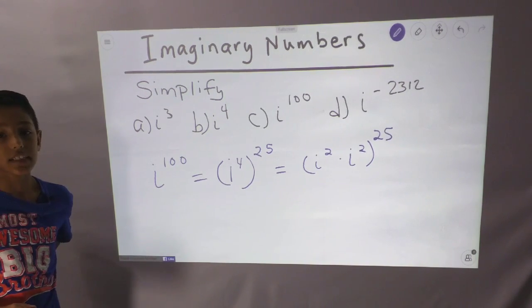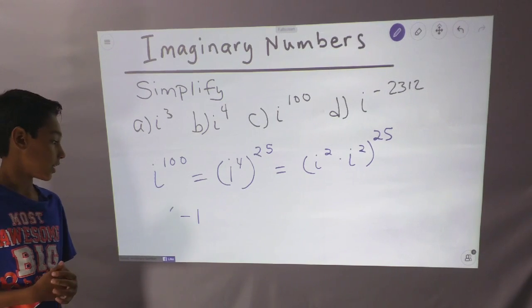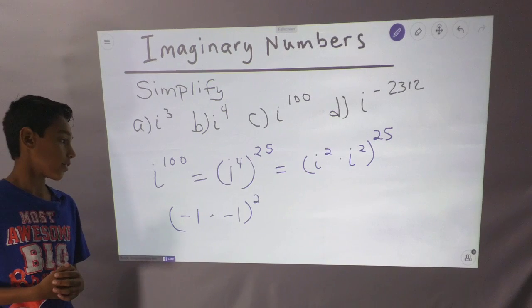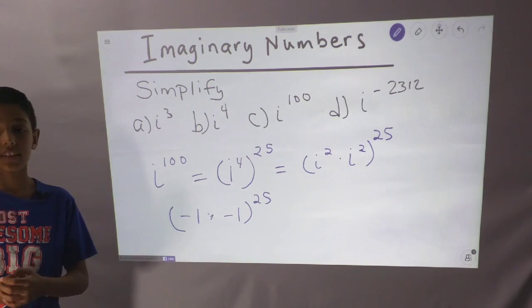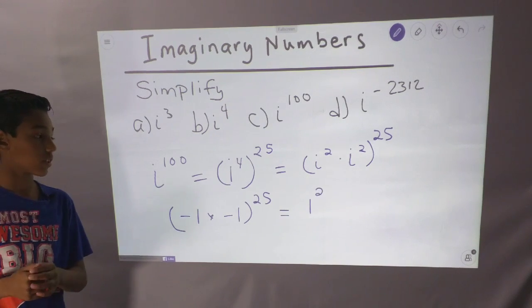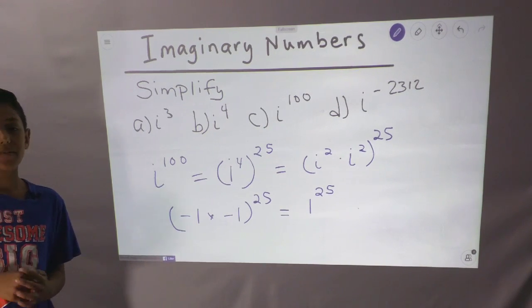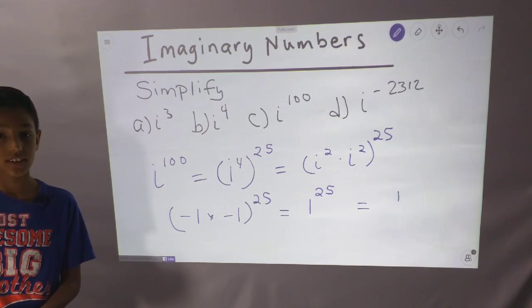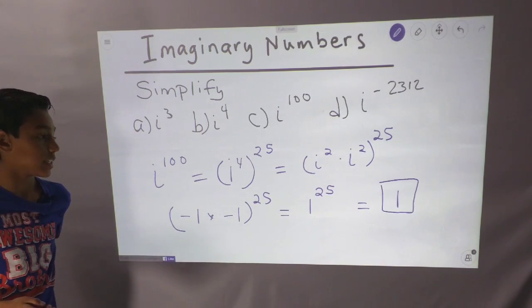Then i squared is -1, so -1 times -1, to the power of 25. -1 times -1 is 1, so that equals 1 to the power of 25. And if you multiply 1 twenty-five times, it equals 1, since 1 times 1 is just 1.